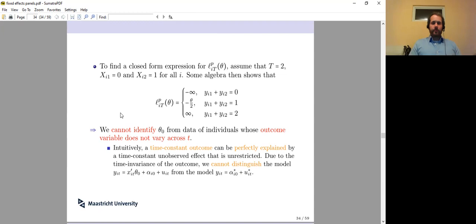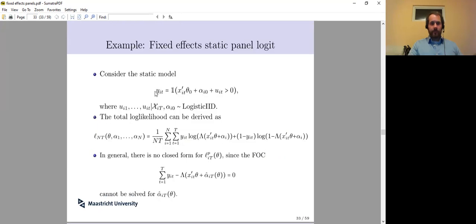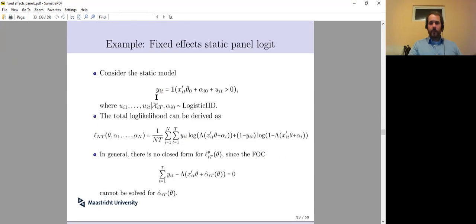And this makes perfect sense, right? When you have a time constant outcome, for instance, y_it is always 1, and the fixed effect is unobserved and completely unrestricted, well, if we choose this thing to be plus infinity, then this is naturally satisfied. If this is always 1, then a very large fixed effect explains this perfectly.